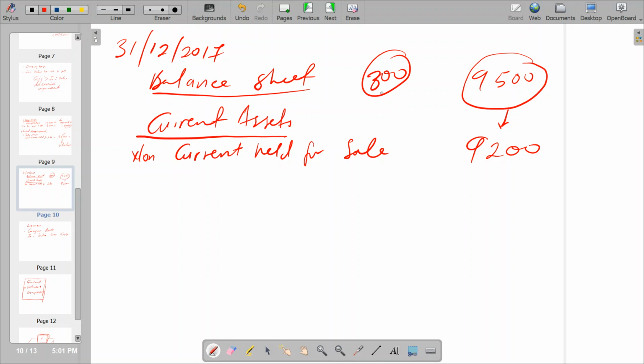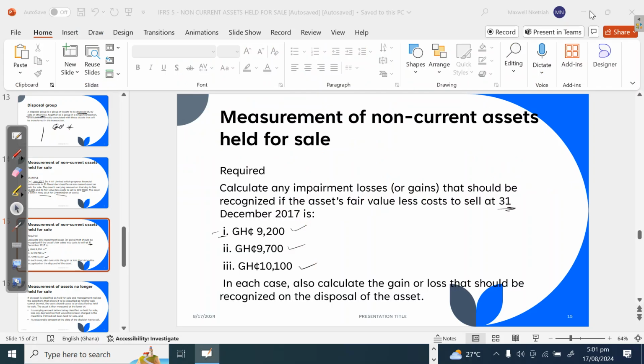So it means we have to recognize an impairment loss of 300. So we record impairment loss in our income statement. So this is for scenario I.